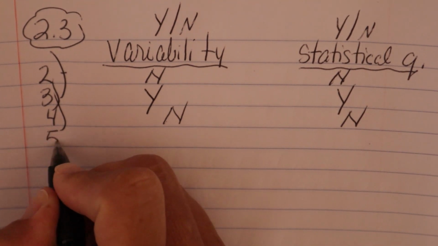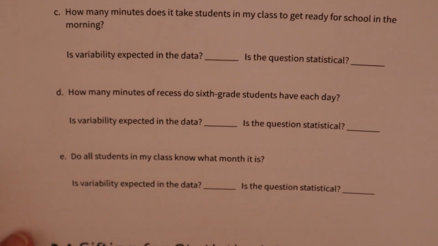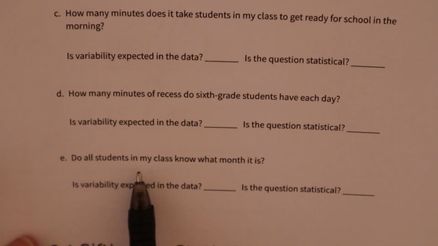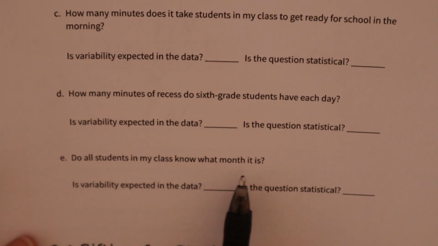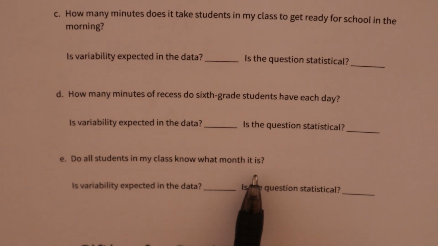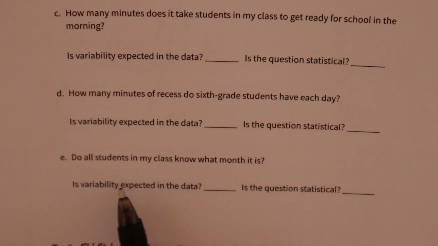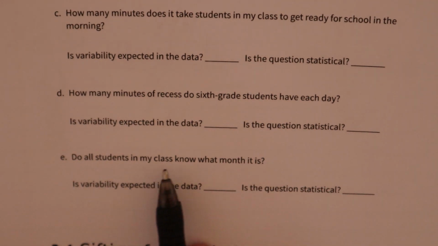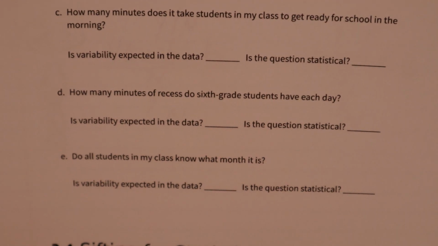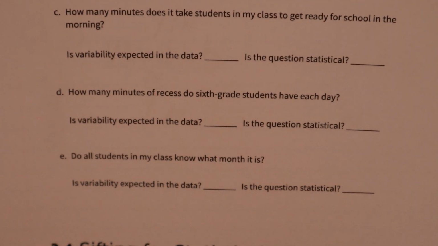Last question, question 5. I love this question. Do all students in my class know what month it is? Now this is a yes or no question, so think about that. They're asking students what month it is. Now I want you guys to pretend that this is a group of 6th graders. That's going to really help you answer this question. So, are their answers going to vary?